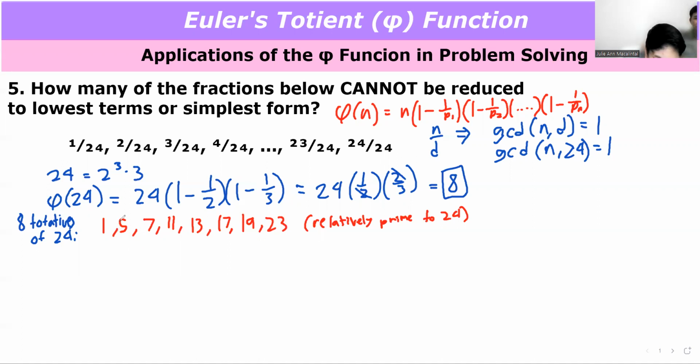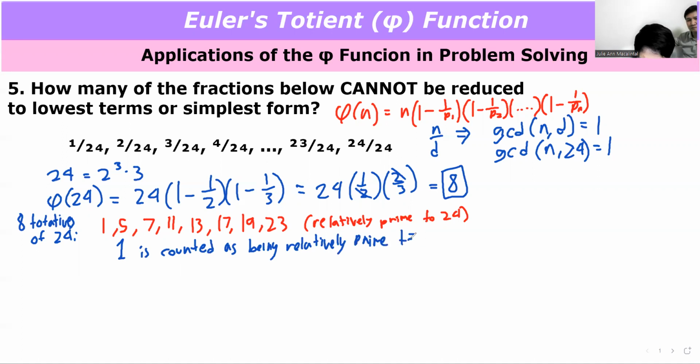And then one is a special case because one is counted as being relatively prime to all natural numbers. So that's it.